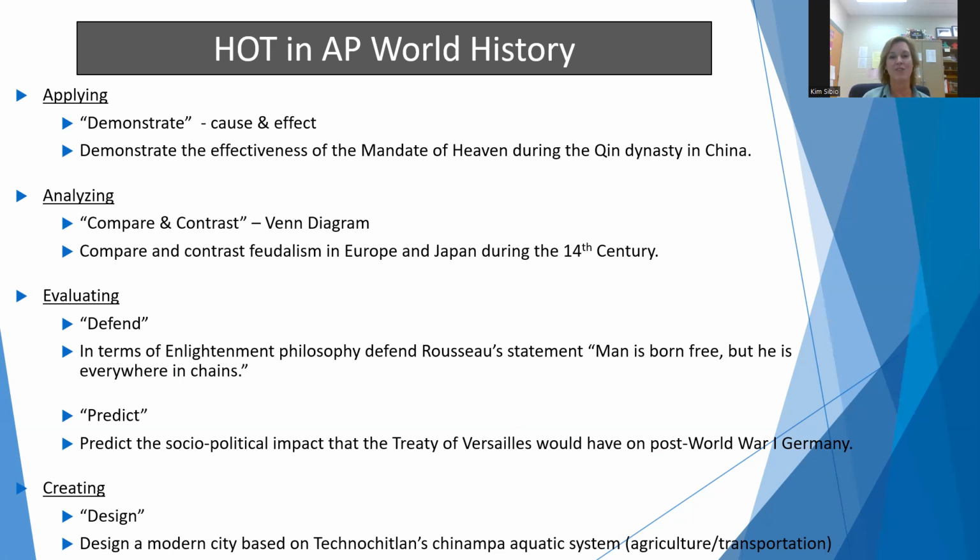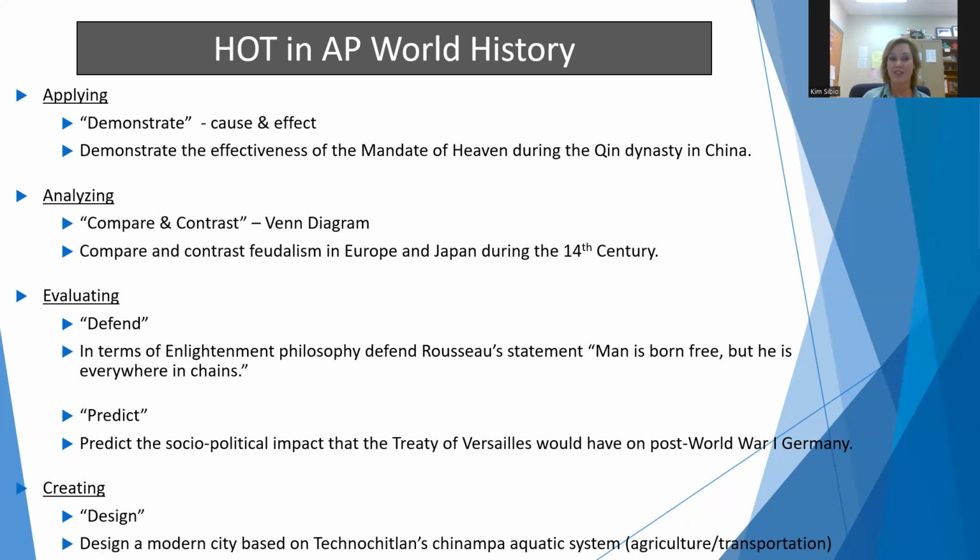Compare and contrast feudalism in Europe and Japan during the 14th century. In the category of evaluating, to defend. In terms of the Enlightenment philosophy, defend Rousseau's statement, man is born free, but he is everywhere in chains.